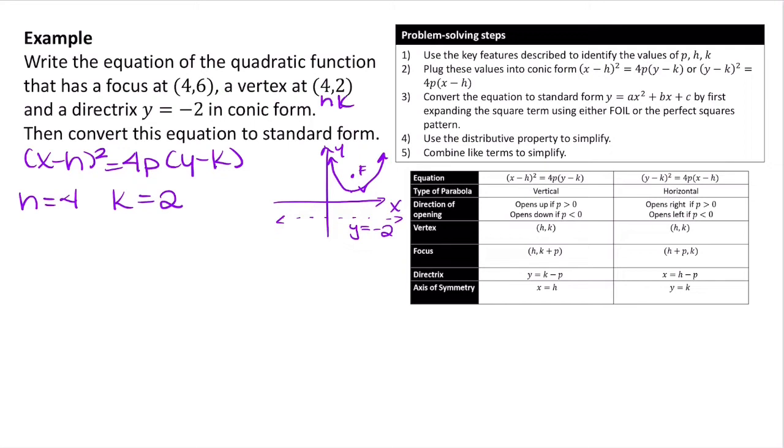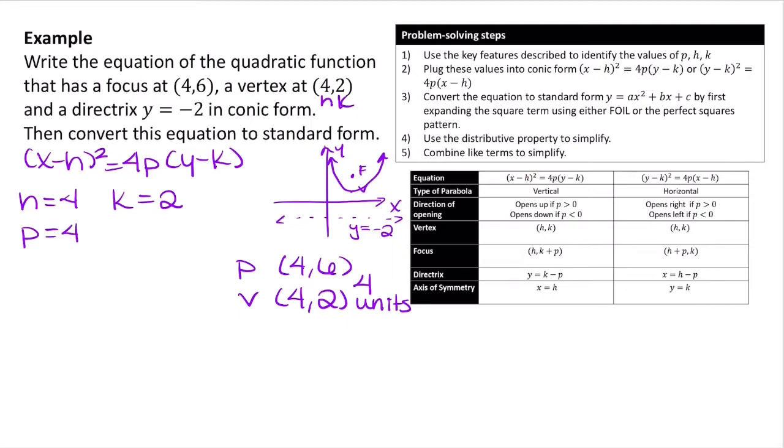Now we need to know the value of p. Remember that p is the distance from the focus to the vertex. So if the focus is at (4, 6) and the vertex is at (4, 2), the x-coordinate is the same, but the y-coordinates are 4 units apart. So we can tell that the value of p is going to be 4.